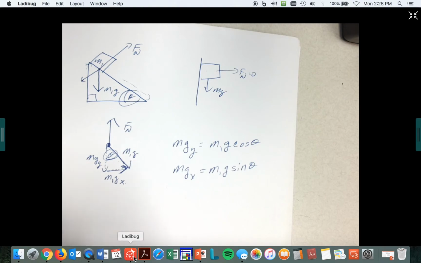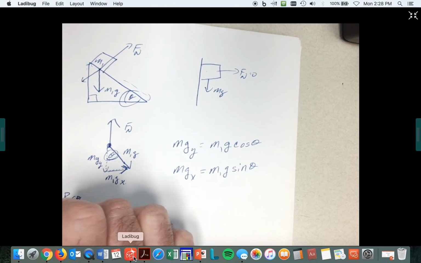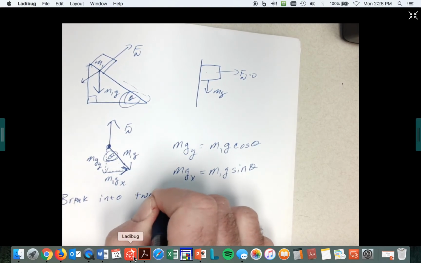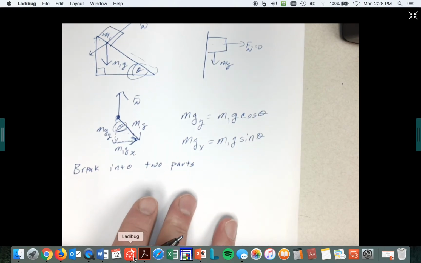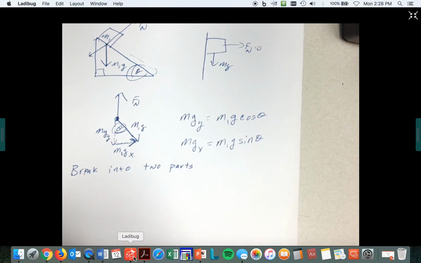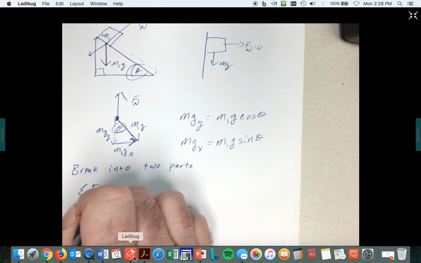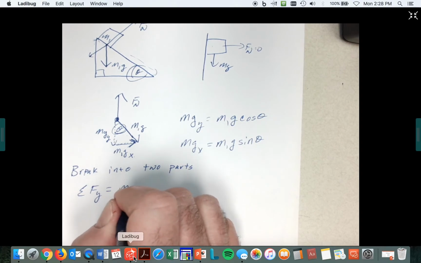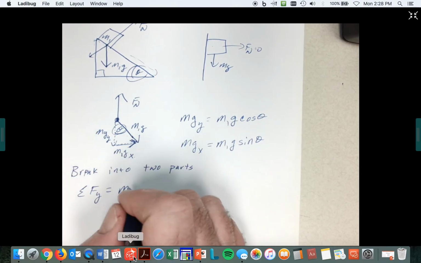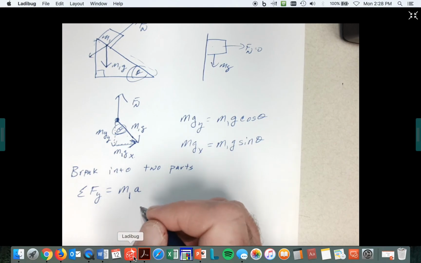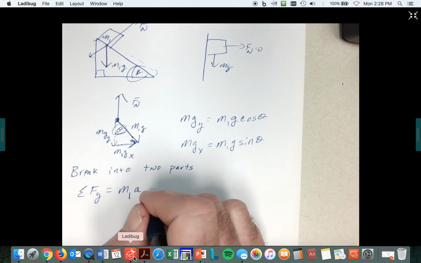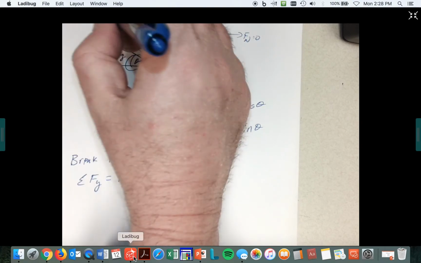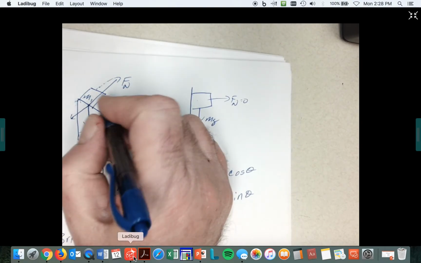Well, now we break this into two parts. I've got the sum of the forces in the y direction equal to m1 times some acceleration. Now, in the y direction, is this block flying off this way?